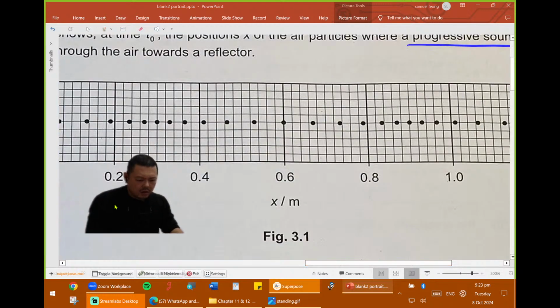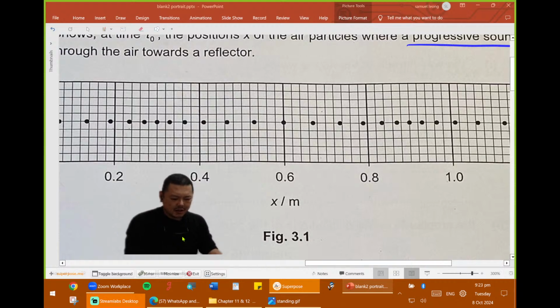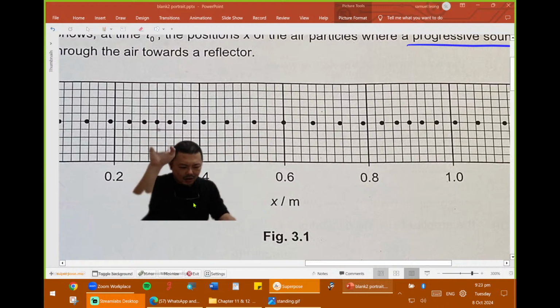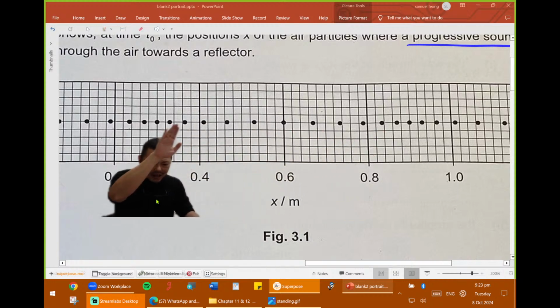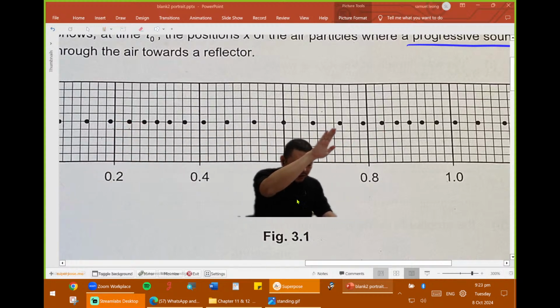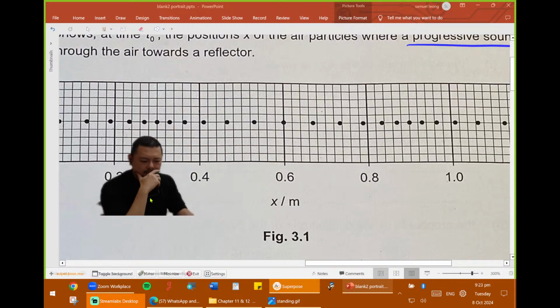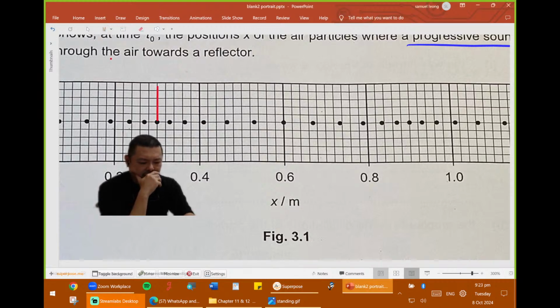So where are their original positions? They are not in their original positions, right? They are kind of in the middle of forming. This is a rarefaction and this is a compression.